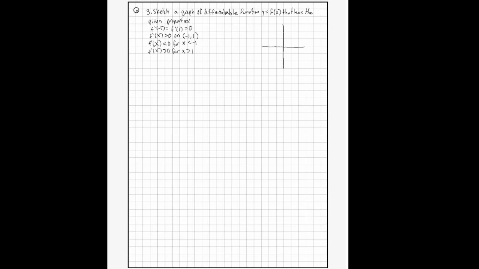So first thing I look at is right here. Because those are 0, I know this right here is extrema. Right? So I have extrema at negative 1 and 1. Somewhere along this y-axis on both of them I have extrema.